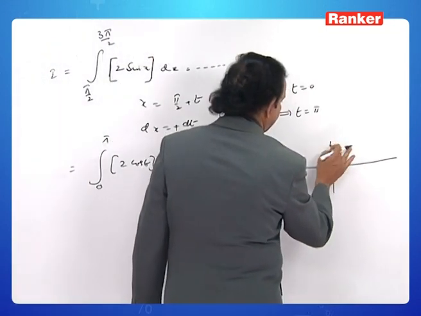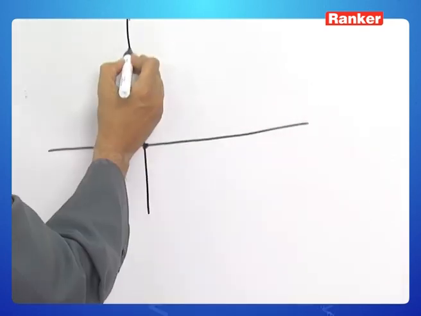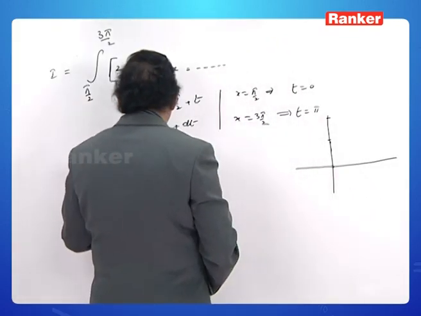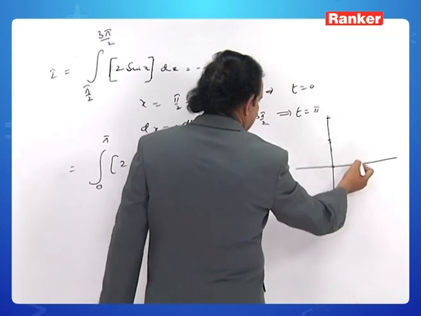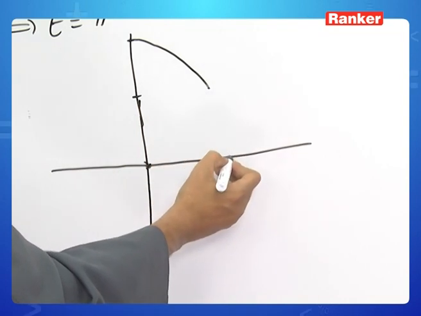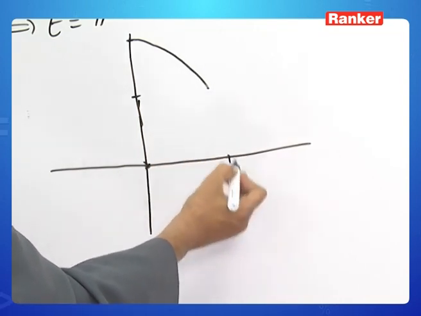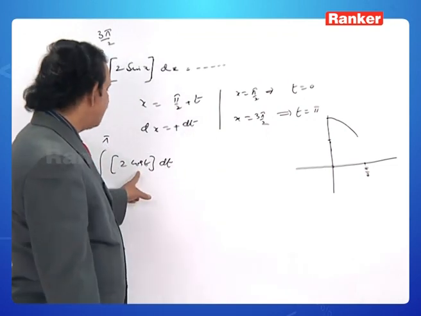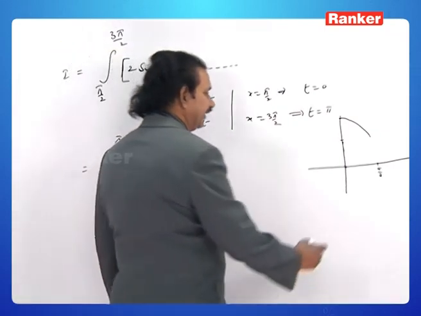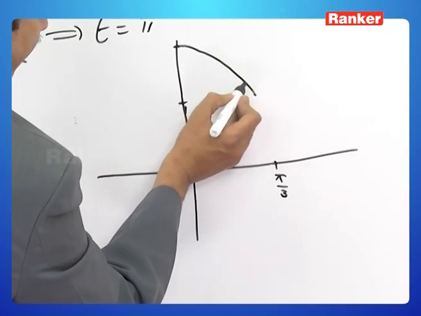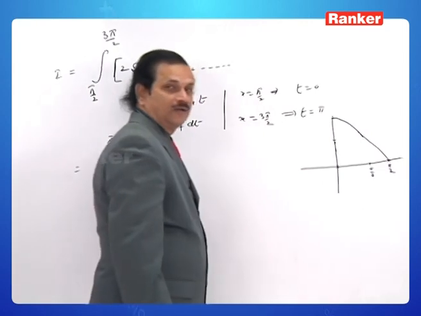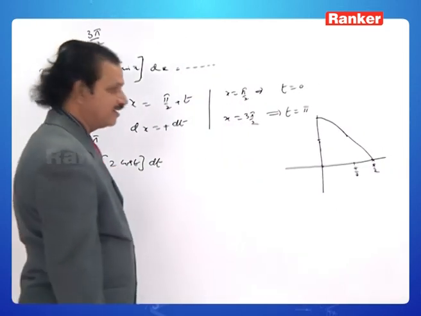Again, cos 60 is half. 2 into half is 1. Then also it becomes an integer. Again, cos 90 is 0. Then also it is an integer.